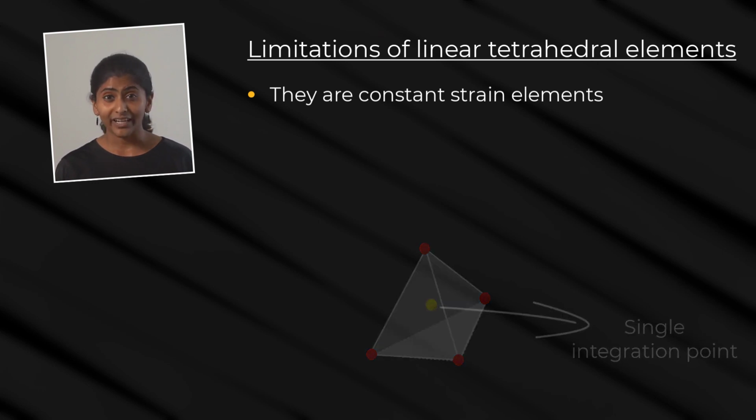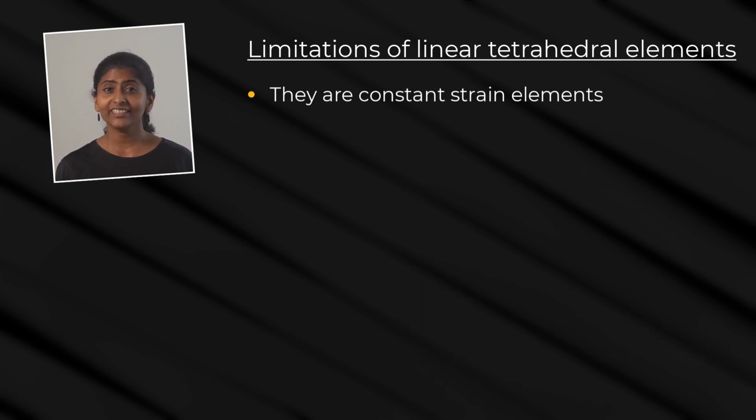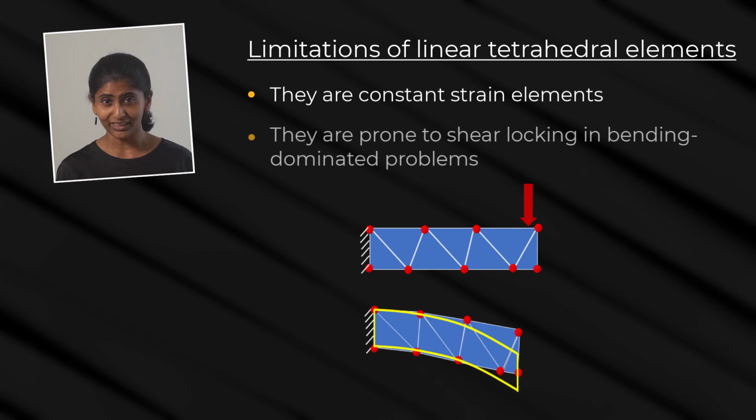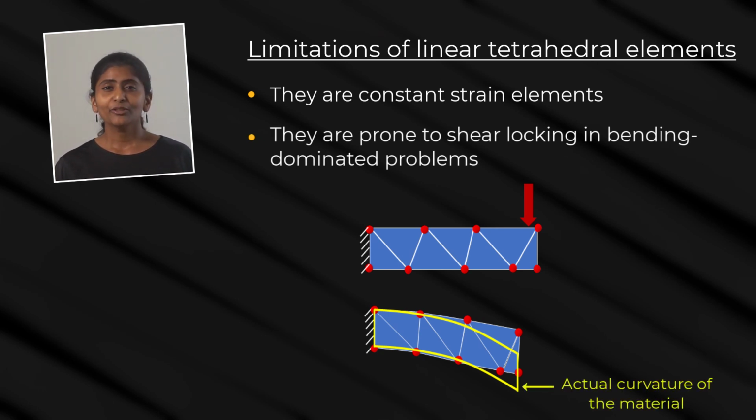Secondly, in case of bending dominated problems, linear elements are prone to shear locking since they are unable to accurately capture the curvature of the actual material under bending. This introduces spurious shear stresses in the part, and its response is overly stiff regardless of how fine the mesh is.